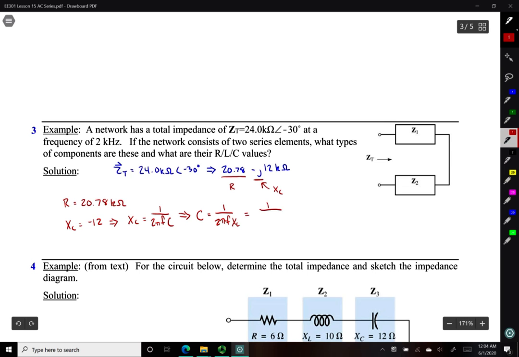We'll then plug in the terms, so 1 over 2 pi, our frequency is 2 kilohertz, and we have 12 kilo ohms.